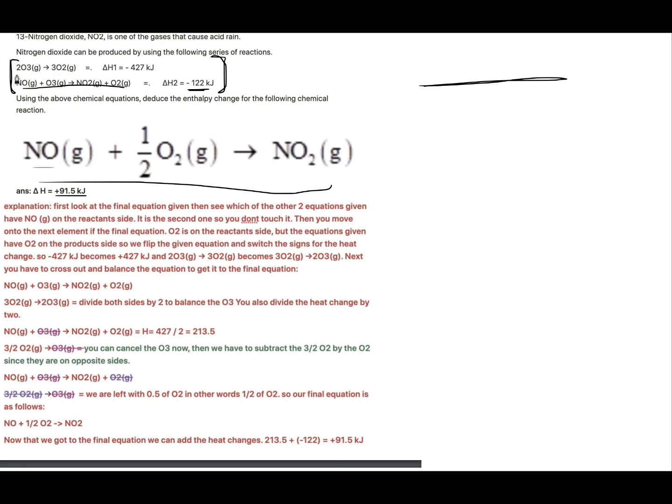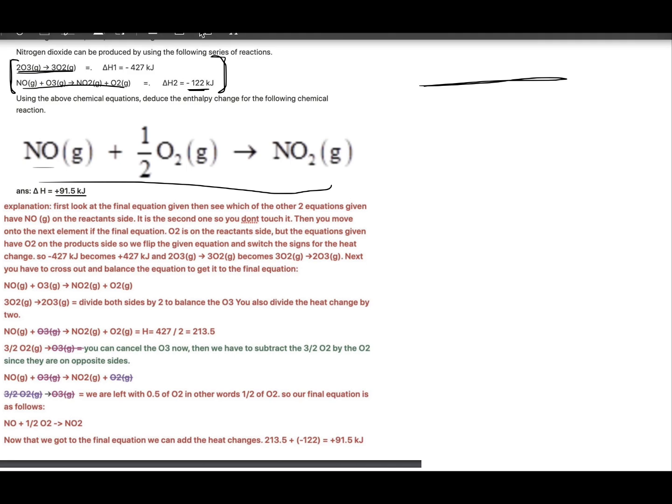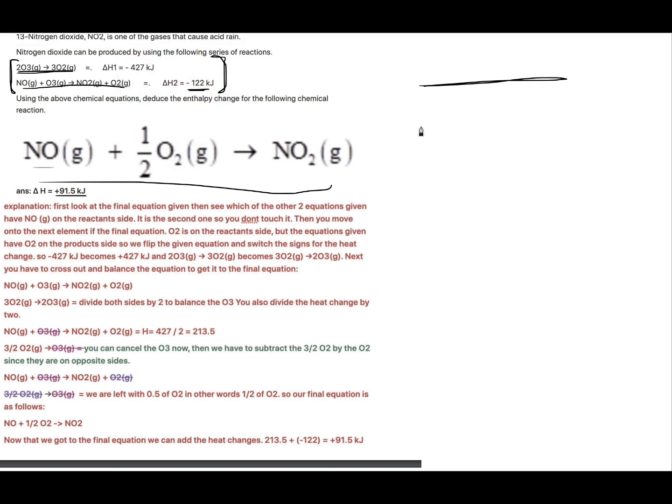So we can use the first equation, which has oxygen on the right side, on the product side, and we basically just flip this equation, right? So I'll change the color to pink. The pink equation right here, we flip it.